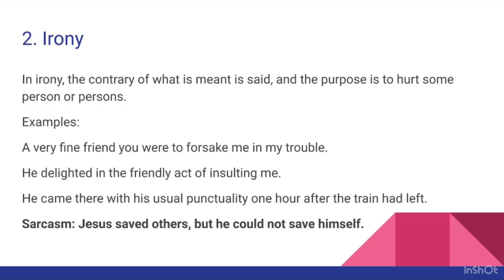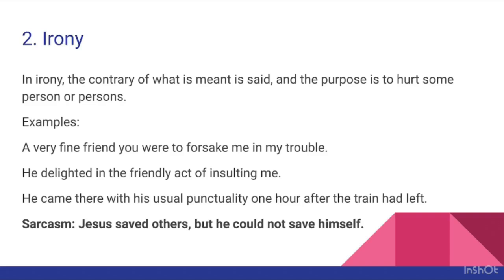The sarcasm cannot be taken as a figure based on indirectness, right? So, in case of irony, the hidden condemnation or contempt is indirect, but in case of sarcasm, that is direct. Okay?